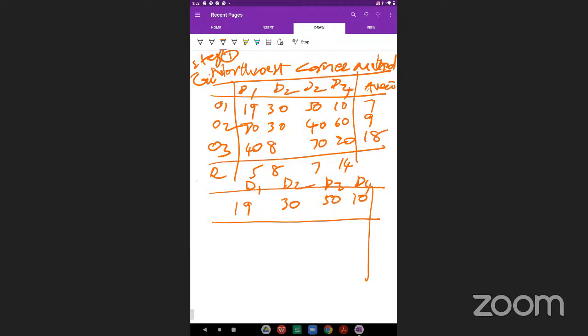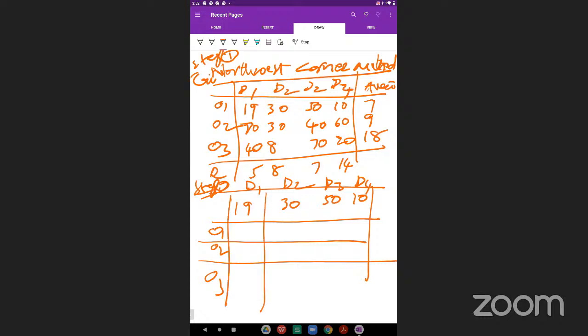Step 2: origin 1, origin 2 and origin 3, put all the boxes.